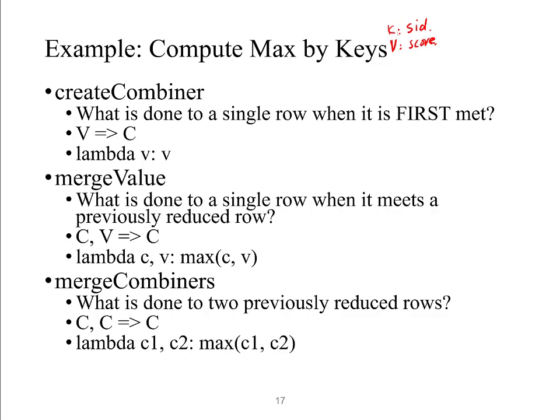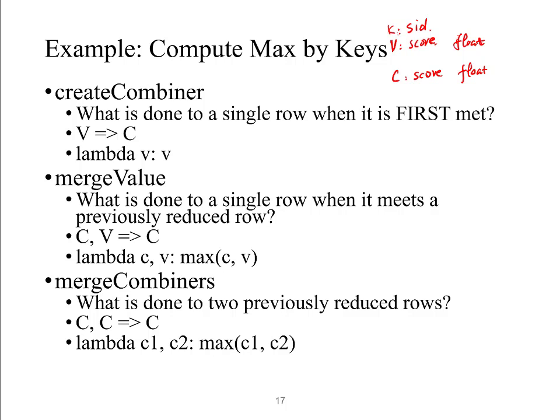So in this case, what is V? V is also a score, right? So let's say score is a float. So C and V again have the same type, and key is the student ID. Now, in order to create the combiner, what is done to the single row when it is first met?